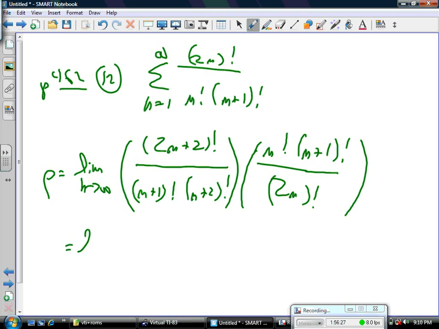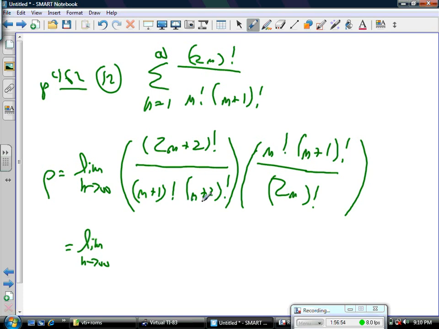Does anything reduce? Usually that's what happens. N plus 1 factorial and n plus 1 factorial. N plus 1 factorial to n plus 1 factorial goes away. Good.